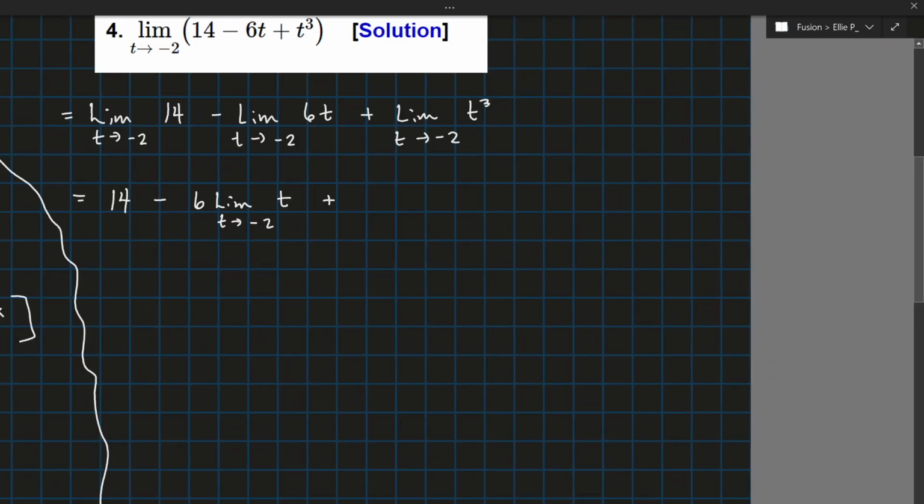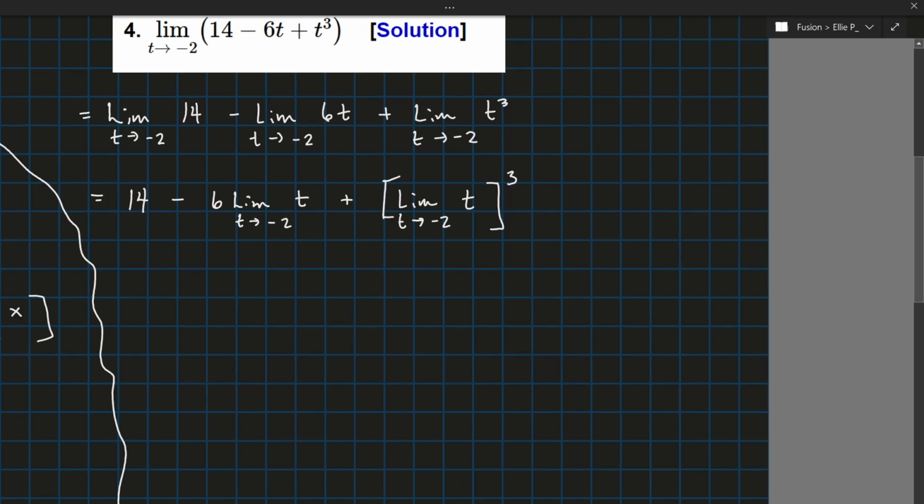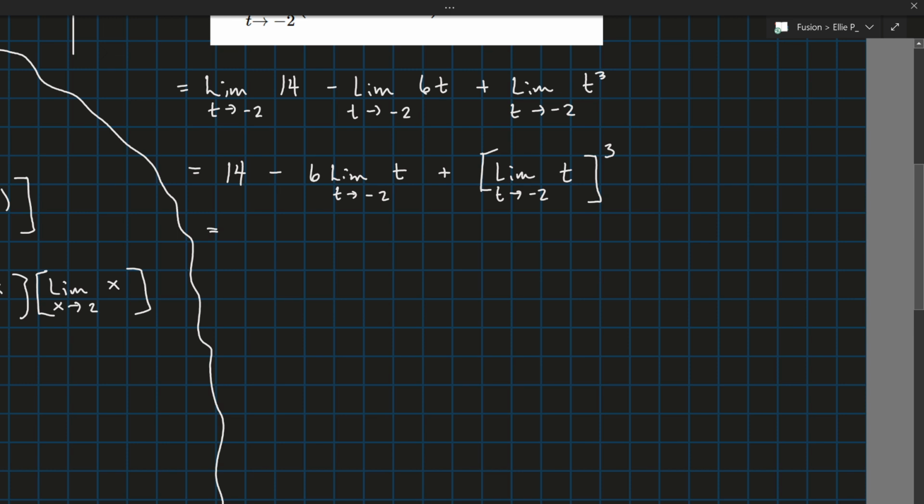So that would be the limit as t goes to -2 of t cubed. Now we can just plug it in. The limit of t as t goes to -2 is just -2. So that'll be 6 times -2. And I'm applying the limit now, so I no longer need that notation. And also -2 cubed, right.